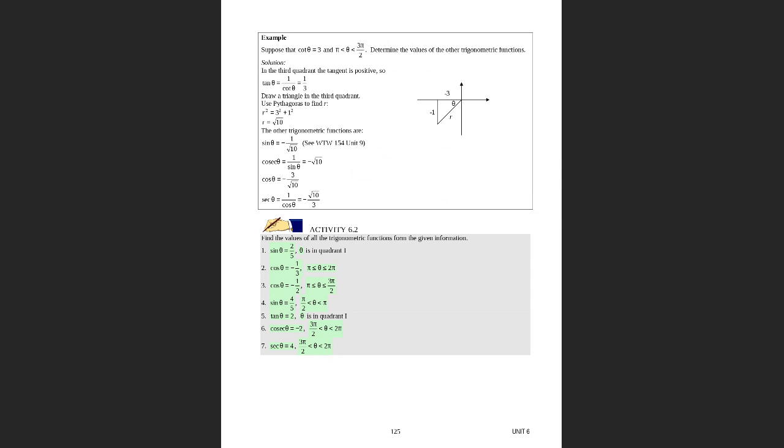Let us try number 3, and most probably number 5 and number 7.